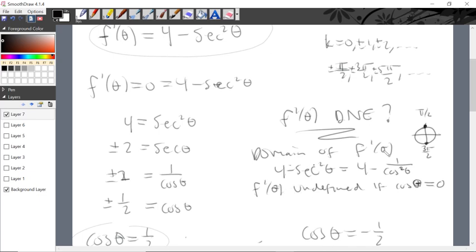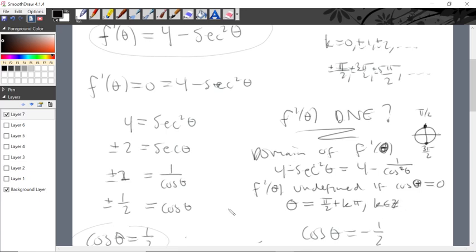So f prime of theta doesn't exist, it is undefined if theta is equal to pi over 2 plus k pi. For instance, pi over 2 plus pi would be 3 pi over 2. Pi over 2 plus k pi, where k is an element of the set of integers.